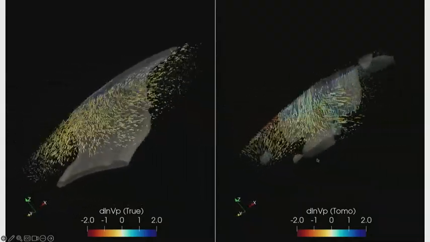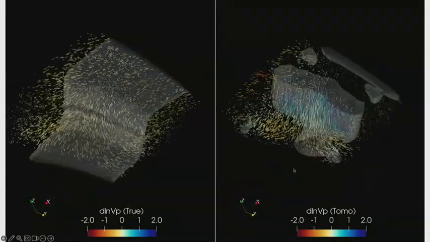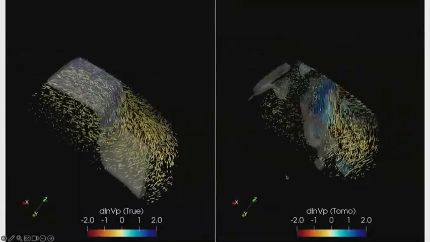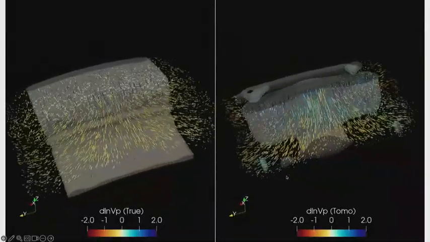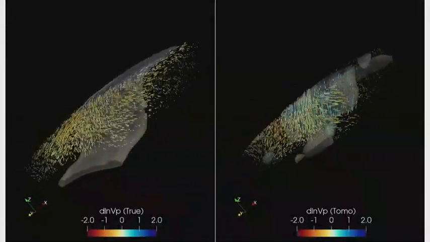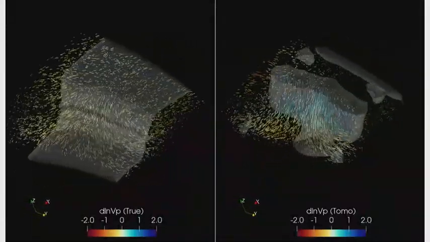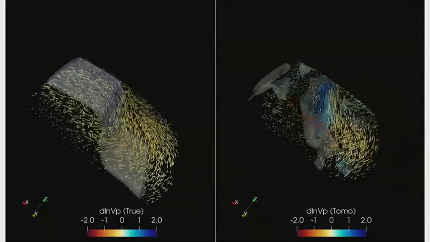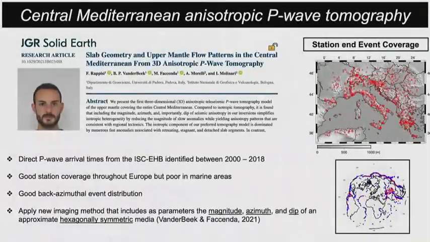Okay. Unfortunately here we cannot reconstruct the horizontal portion of the plate. Why? Because we are using teleseismic phases only, and so we are sampling only the vertical direction, and therefore it's difficult to locate these horizontal fast layers. Okay. So we have applied this technique to the central Mediterranean, where we have a relatively dense array.